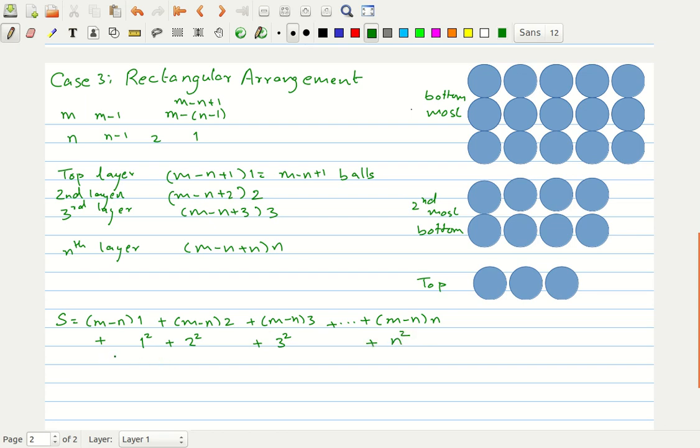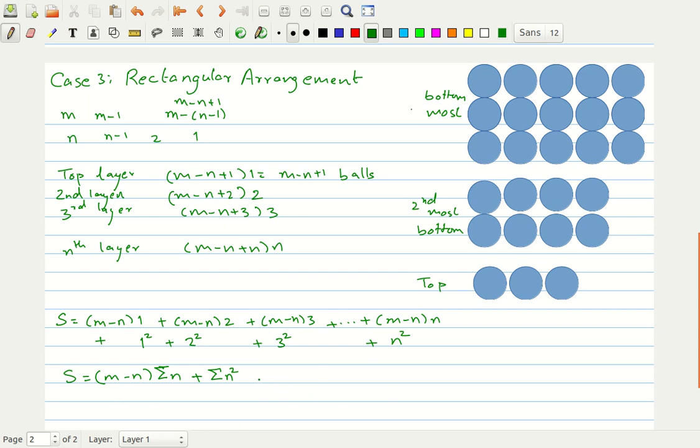Now you can see that this sum we already know. This is simply sigma n square, right? And in the top layer if we take out m minus n as a common factor, we will get 1 plus 2 plus 3 plus 4, which is sigma n. So this is simply s is equal to m minus n times sigma n plus sigma of n square, right?